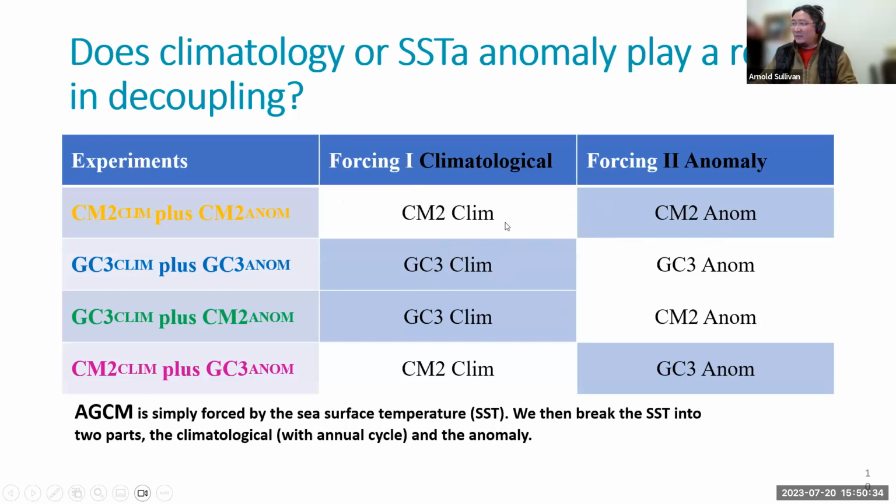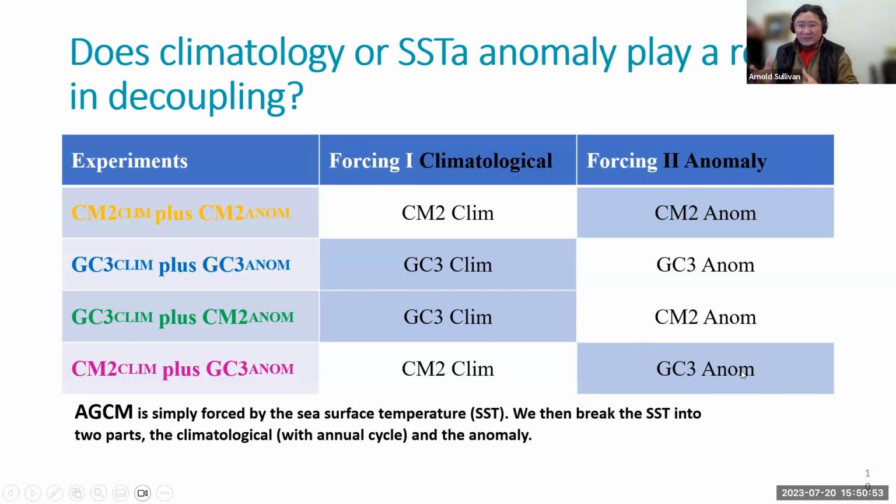This one repeats the historical run from CM2, and this one repeats the historical run from GC3. And then for the other two runs I shuffled them: GC3 climatology with CM2 anomaly, or CM2 climatology with GC3 anomaly.